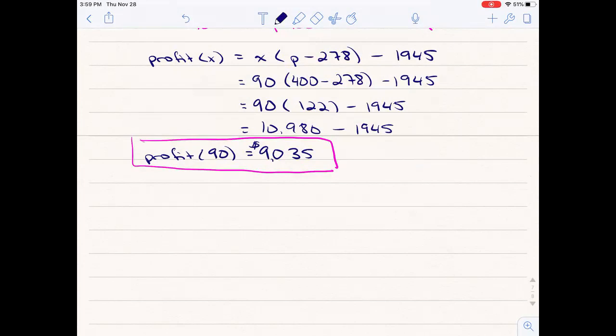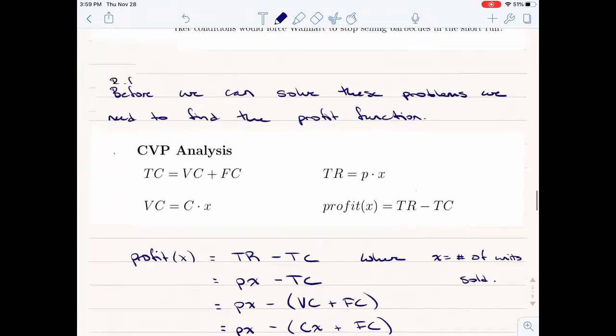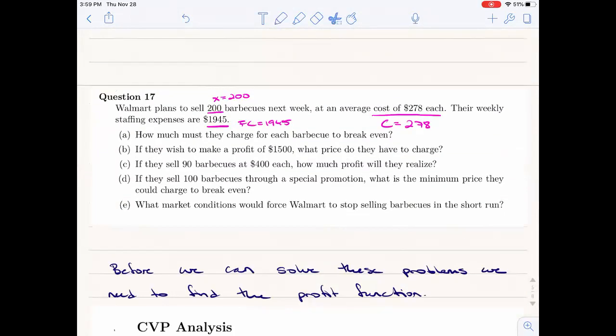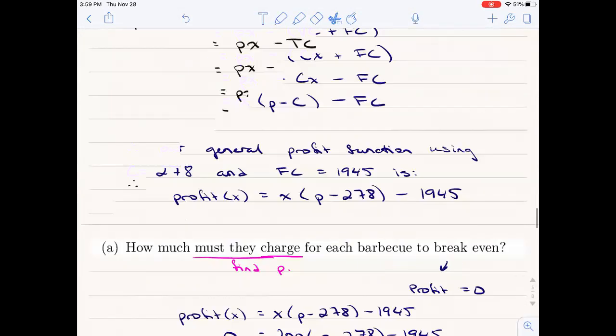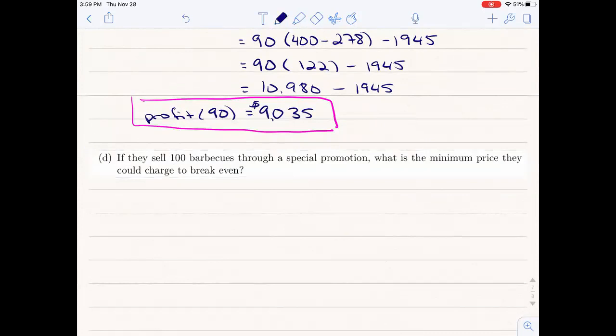Any questions about that one? Then let's do the next one. So now, part D. If they sell 100 barbecues through a special promotion, what's the minimum price they could charge to break even?